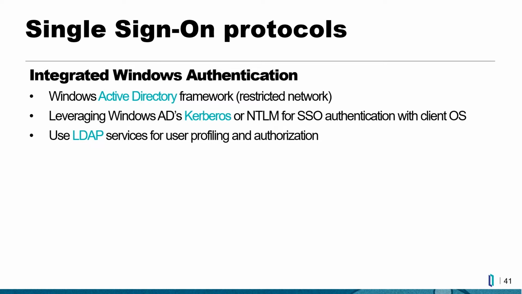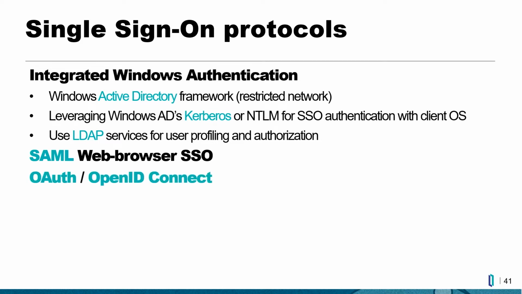So for example, Kerberos and NTLM for single sign-on authentication, and maybe LDAP services for authorization. The second example I'll describe is SAML Web Browser Single Sign-On, and the third one, OAuth / OpenID Connect, which are very related standards. For these 3 examples, I'll do a short demo right after presenting them.